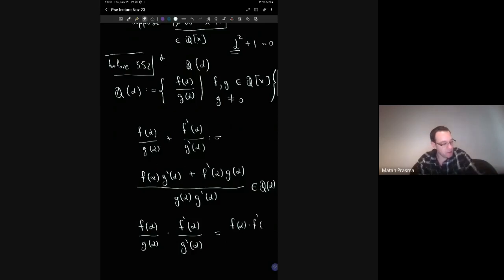If you want, you can regard it as taking the polynomial f, multiplying it as a polynomial with f', whatever it is, and you substitute alpha. And the same you do in the bottom.